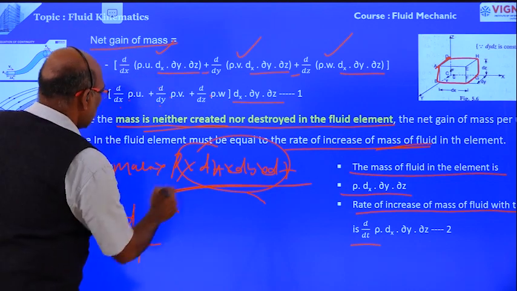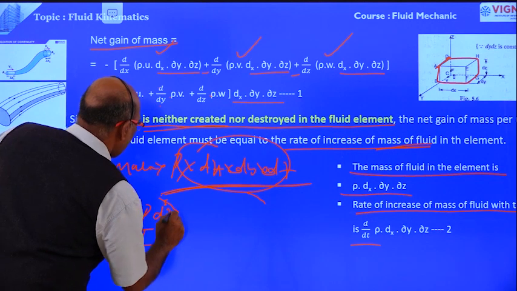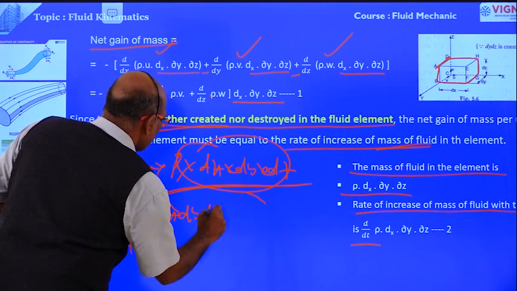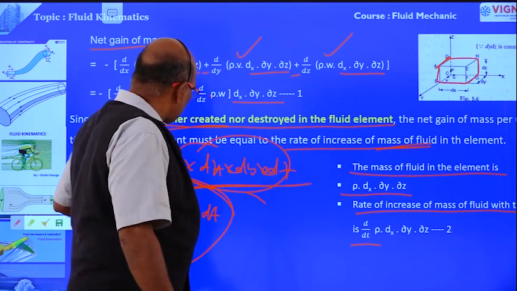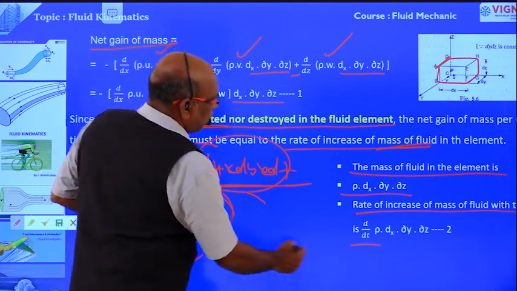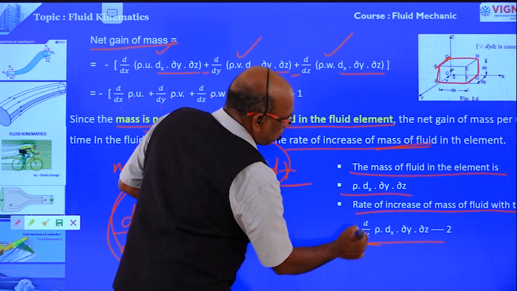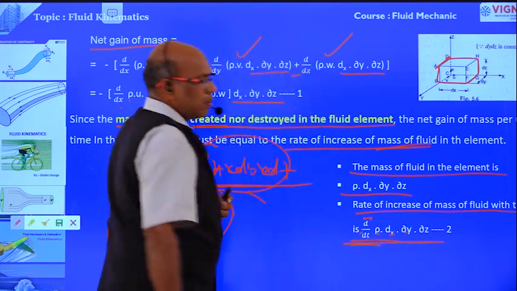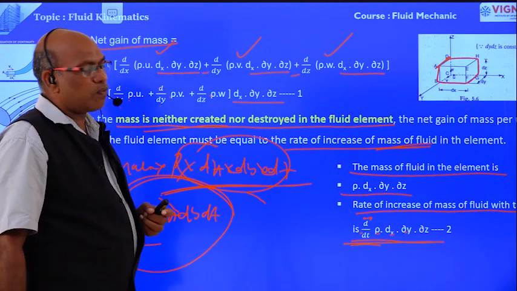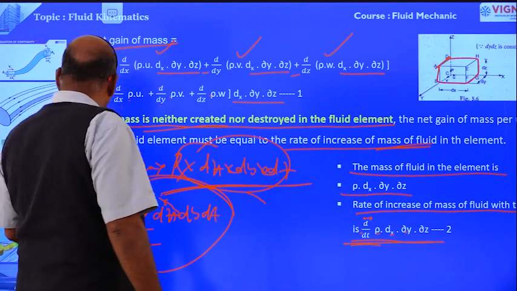This is equal to d by dt of rho dx dy dz, which is the rate of increase of mass of fluid.